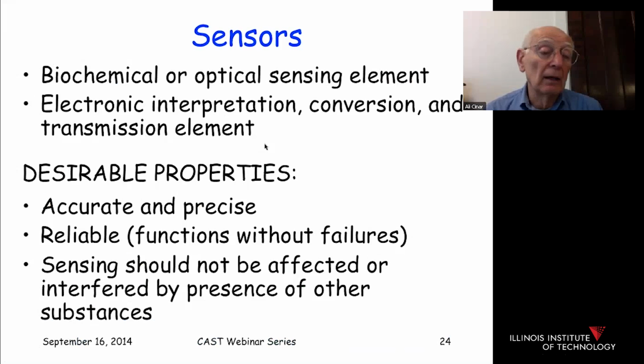And in fact, there are some systems at university labs that can be used up to a year or more without any replacement and with only a few calibrations during the actual use. So we want sensors that are accurate and precise, reliable, and sensors that would not be affected by the presence of other substances in the environment where the sensor is operating.